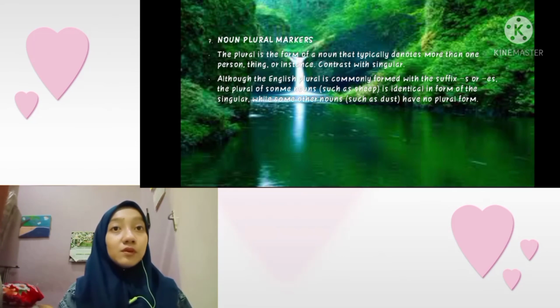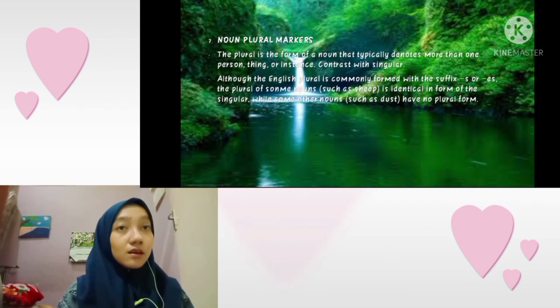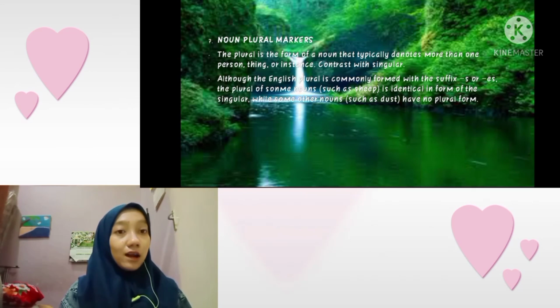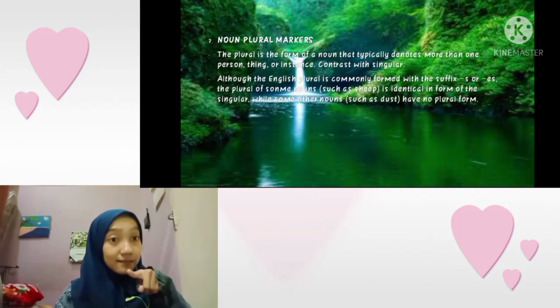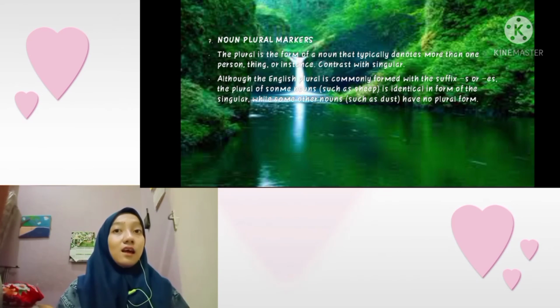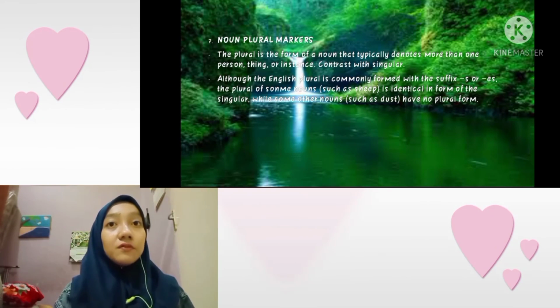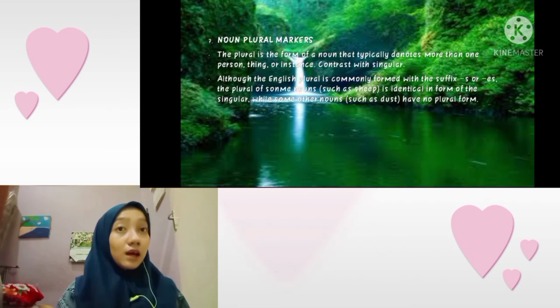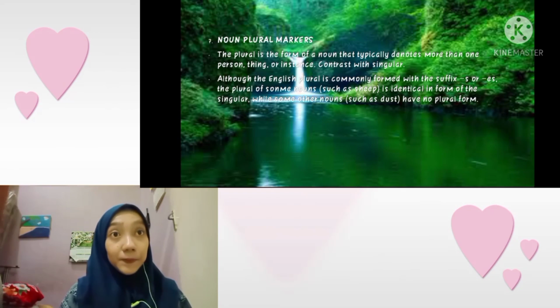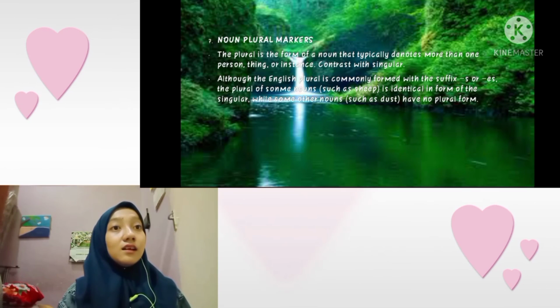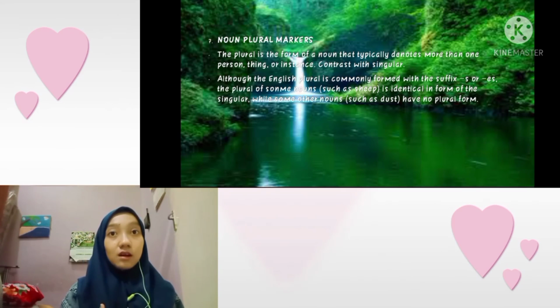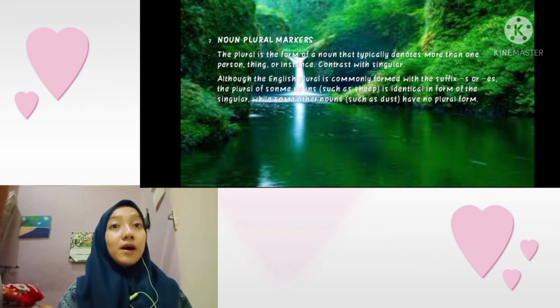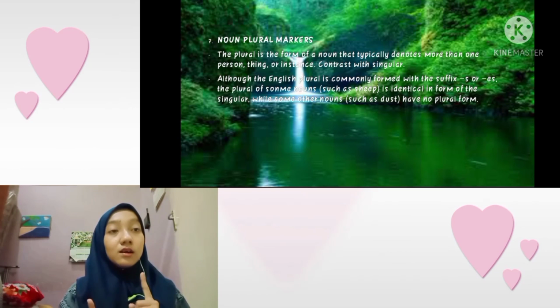Although the English plural is commonly formed with the suffix -s or -es, the plural of some nouns, such as sheep, is identical in form to the singular, while some other nouns, such as does, have no plural form.